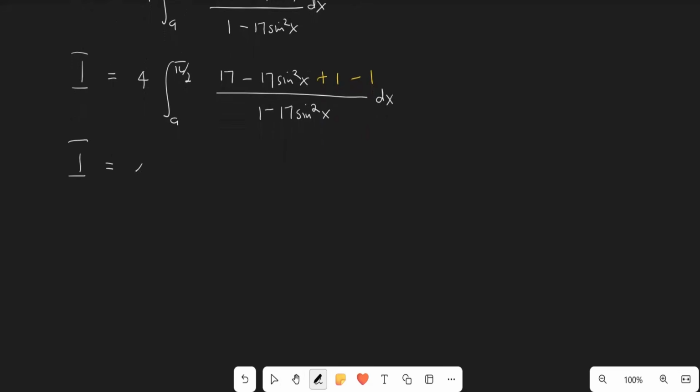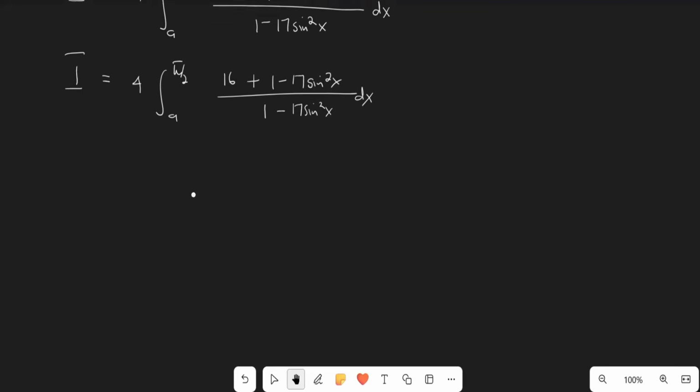I is equal to 4 times the integral from a to pi over 2 of, so now 17 minus 1 is 16, and then I have plus 1 minus 17 times sine square of x divided by 1 minus 17 times sine square of x dx.